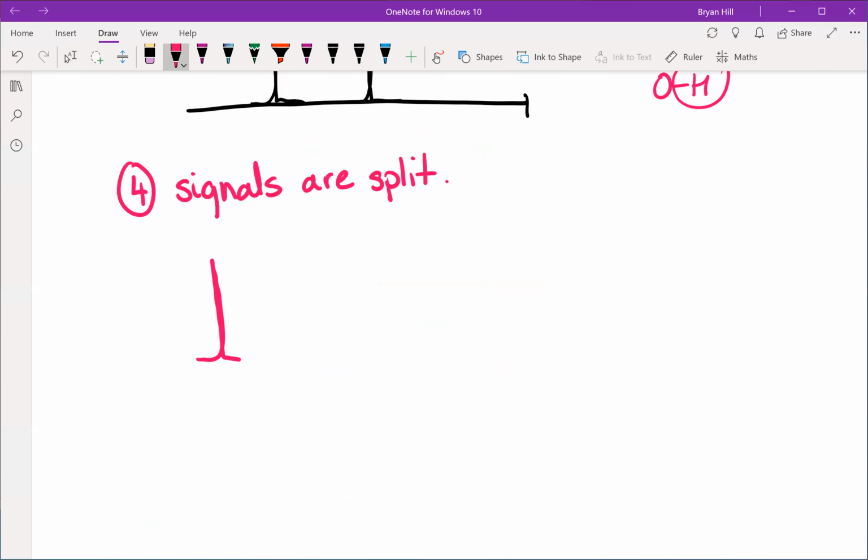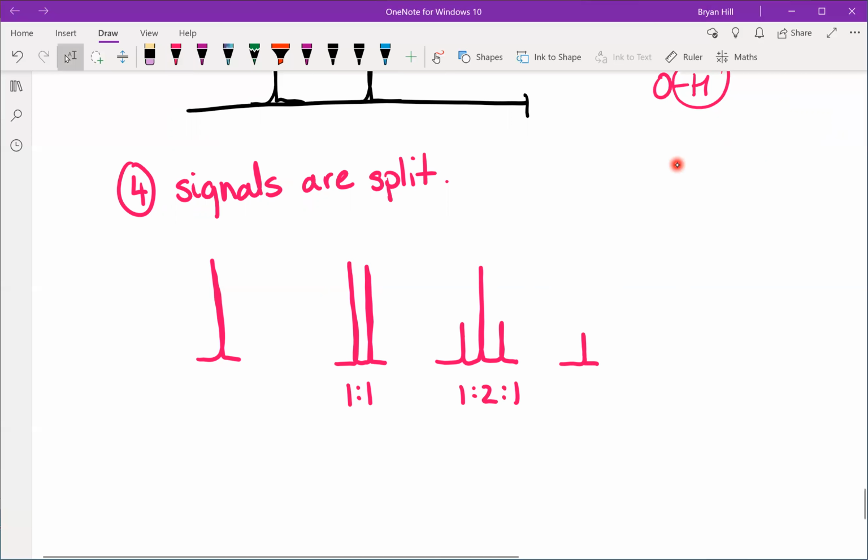They often appear as 2 lines of equal height, or 3 lines. So the ratio of the peak heights would be 1 to 1. Here, the ratio would be 1 to 2 to 1, or sometimes they appear as what we would call a quartet, 1 to 3 to 3 to 1.